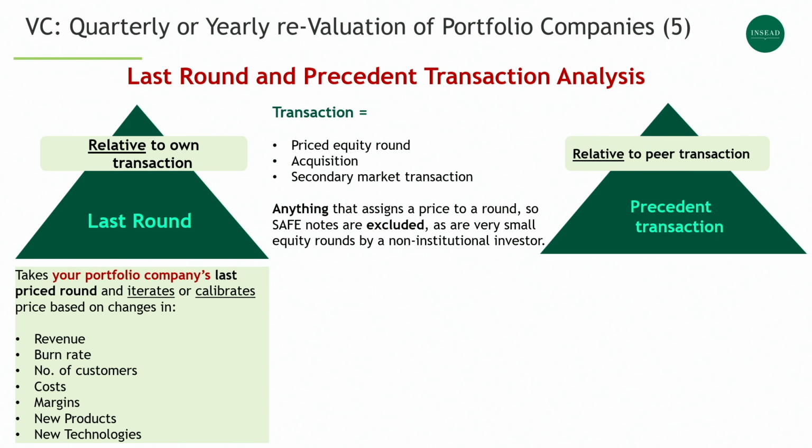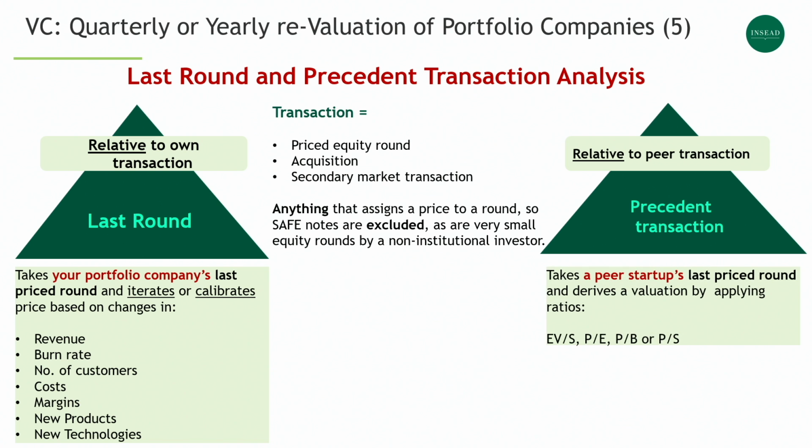Those are just some examples of how you can potentially calibrate that subsequent round that was raised by your own portfolio company. Alternatively, we may have heard about a peer startup, and we know that we can derive the valuation that this peer startup has raised money under to our company by using our trusted ratios, enterprise value, sales, and so on.